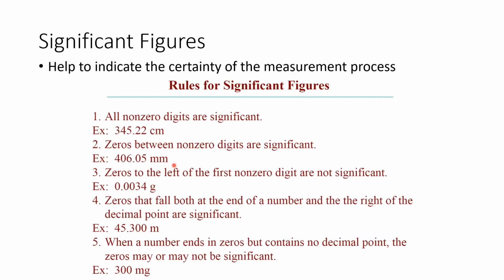And when we look at chemistry, when we think about science in general, it's going to be important that we manage that uncertainty throughout any of the calculations we do. And with that, we're going to be focusing on significant figures. So that's going to help us identify which of the digits in a value are important.